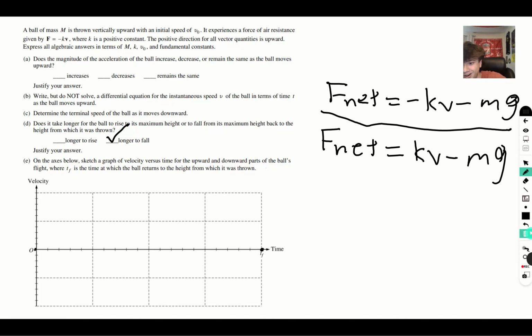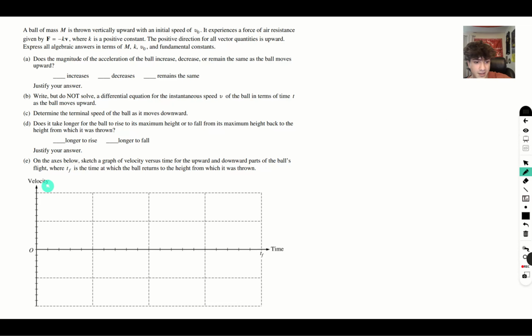Rather, I did that wrong, I was thinking about the position. So it starts at the maximum velocity and it ends a little bit less than the maximum velocity, because the air resistance is not a conservative force, meaning some of the velocity is going to be lost.